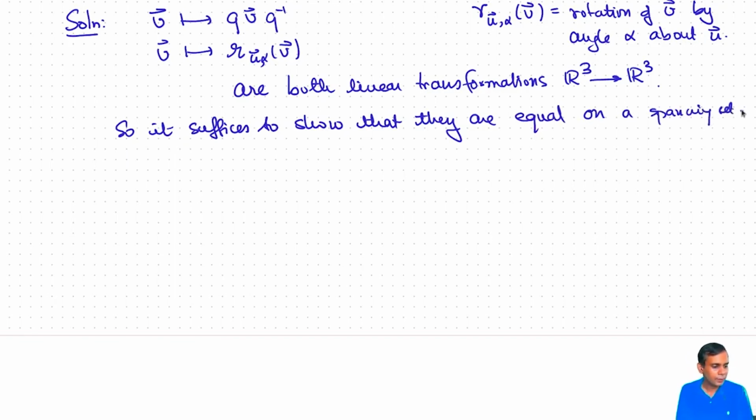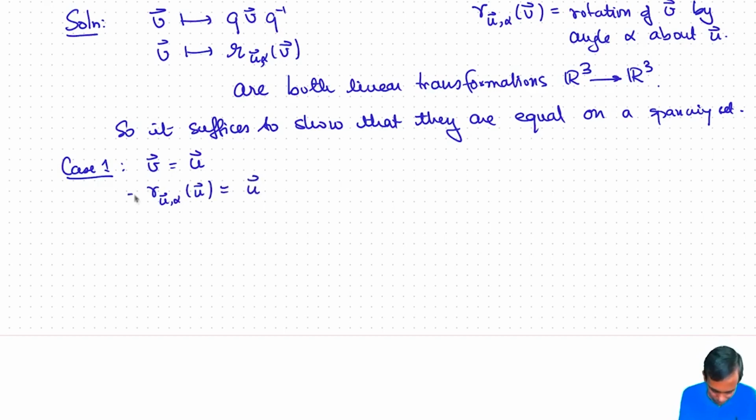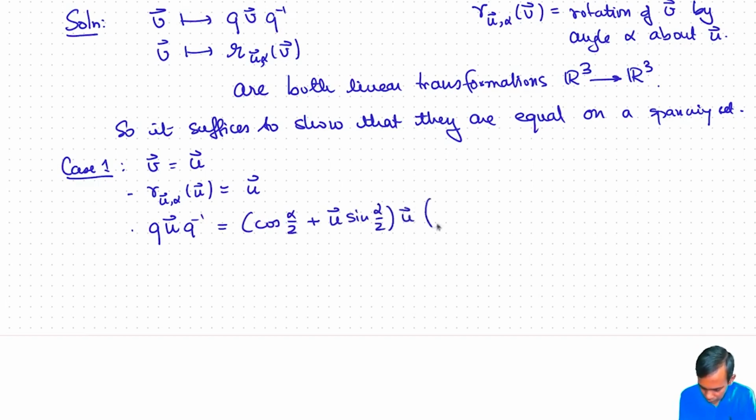So to start with, we will take case 1 where v is u itself, the unit vector u. In this case, of course, R_u,alpha of u, well, if you rotate u about the axis u, it doesn't change at all, so that's u itself. Okay, so we need to just calculate Q u Q inverse. So that's cos alpha by 2 plus u sine alpha by 2, times u, times cos alpha by 2 minus u sine alpha by 2.